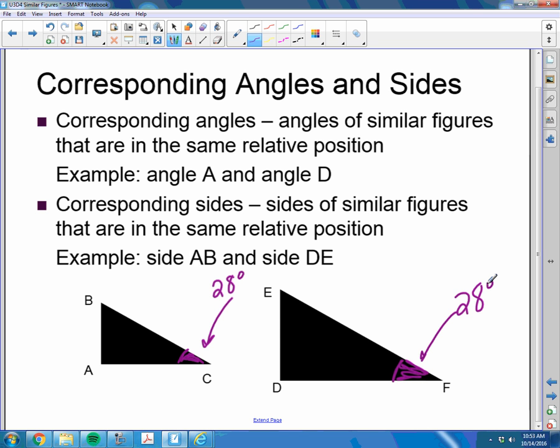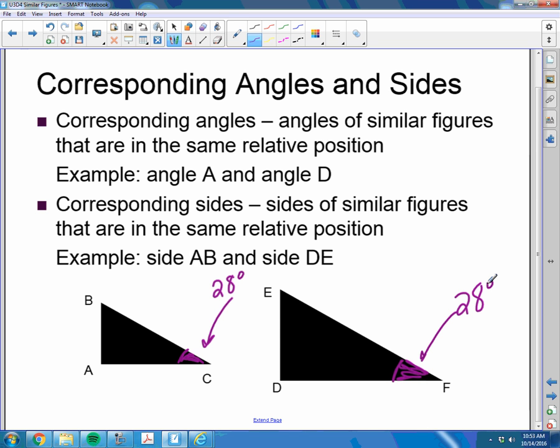Corresponding angles are congruent. No ifs, no buts. They're the same. Corresponding angles in similar figures are exactly the same. But they have to be in the same position.